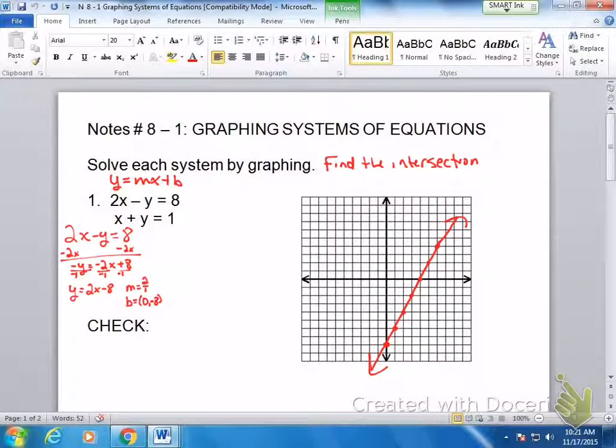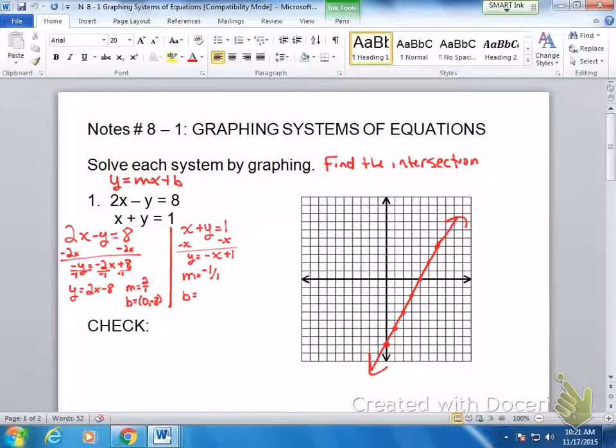So we've got one equation done. Let's move to the other. Now I've got x plus y equals 1. The first thing I have to do is move my x to the other side, so I'm going to subtract it. Now I have y equals negative x plus 1. The m in this one is negative 1, so it's negative 1 over 1.